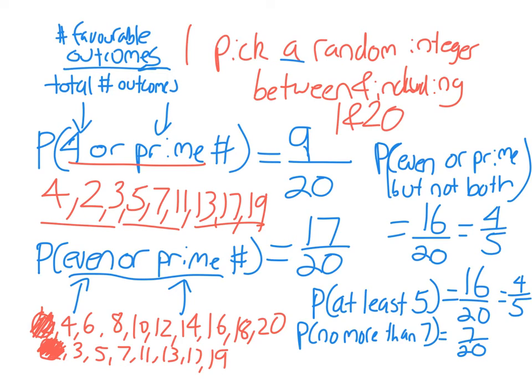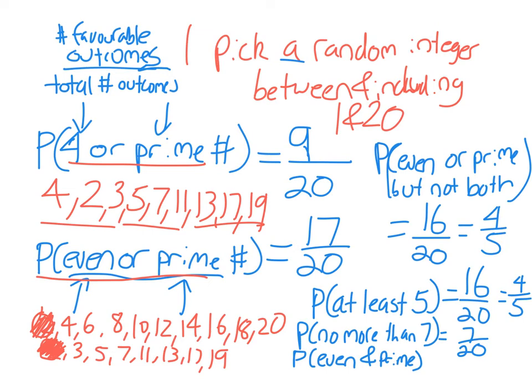Okay, the last thing I need to make sure we're clear on is the difference between and and or. Look back at our example when I found the probability that I pick a number that's even or prime. That means it could be even, could be prime, could be both. When I say and, it has to be both. So if I say the probability that a number is even and prime, I only include the numbers that satisfy both.